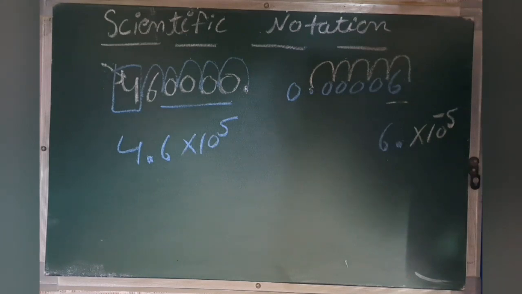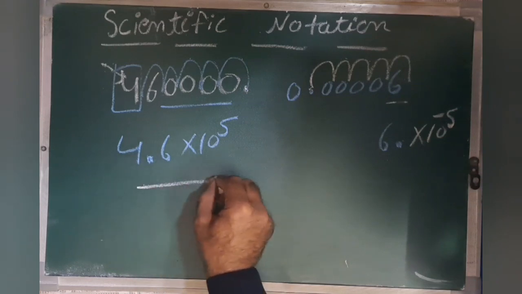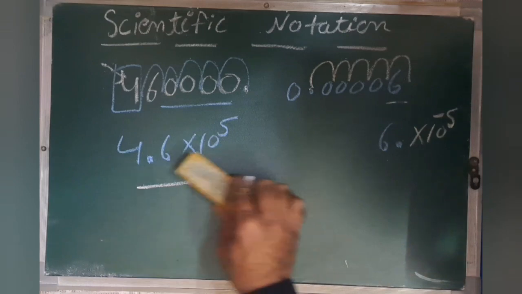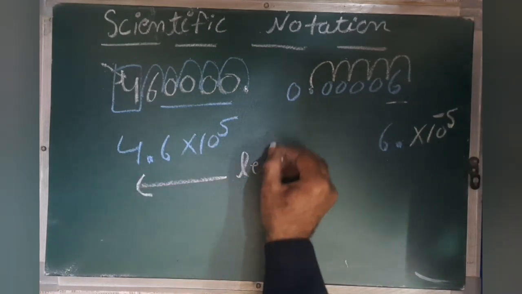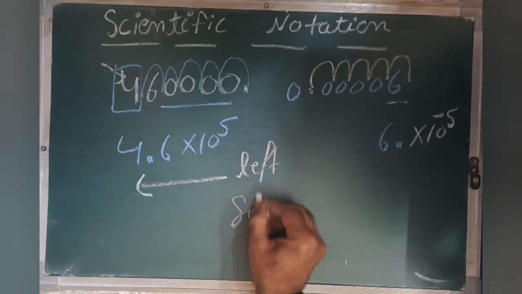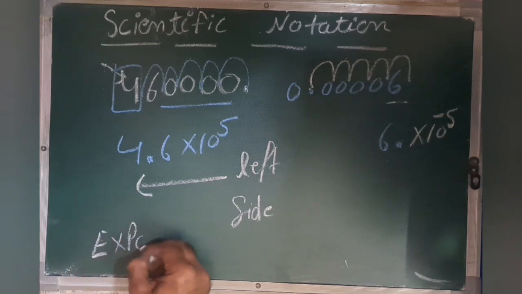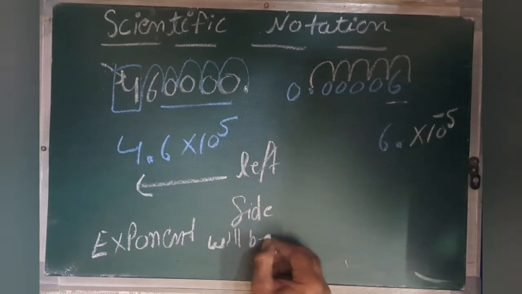So what are the steps in this? If our decimal is here and we move the decimal to the left hand side, our exponent will be positive.